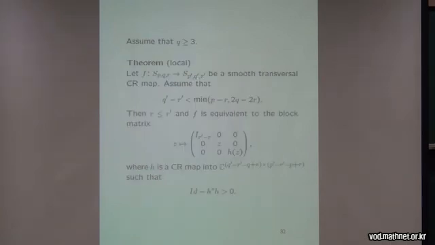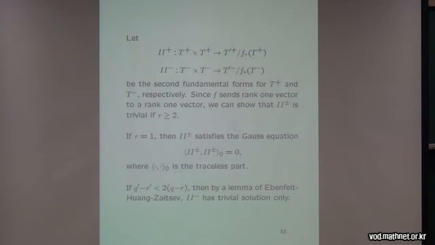Then you can determine the second fundamental form. This is not exactly t plus mod t0, because we have the metric on t plus mod t0. Anyway, we define the second fundamental form using that metric, and then check whether this second fundamental form is trivial.